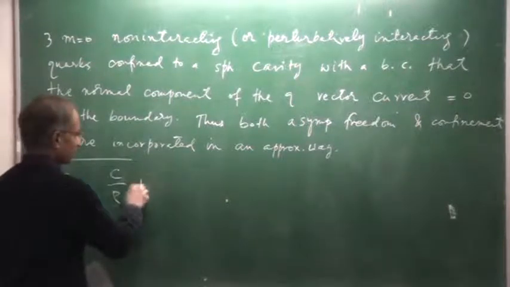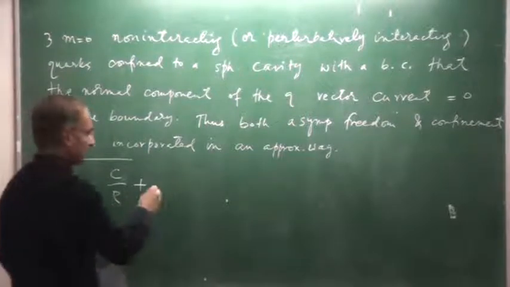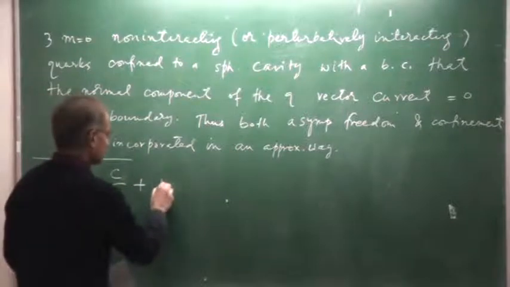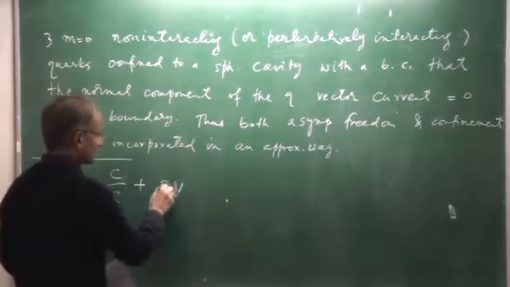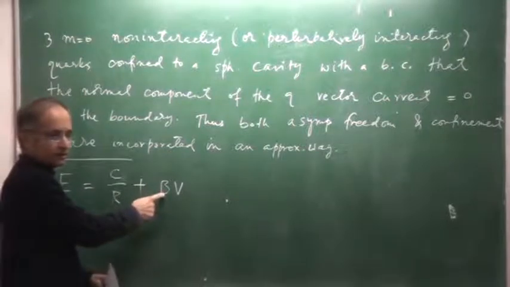So you need something else, and that is what is called the vacuum energy. And that's proportional to the volume of the bag. The proportionality constant is taken to be B. So B is the vacuum energy per unit volume.